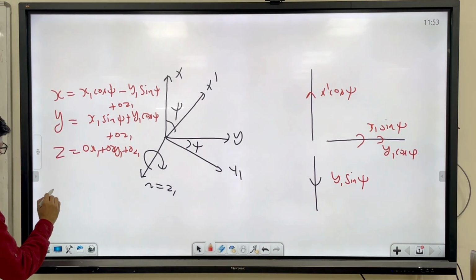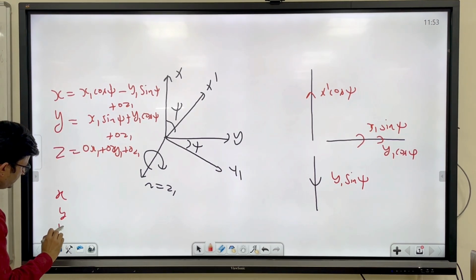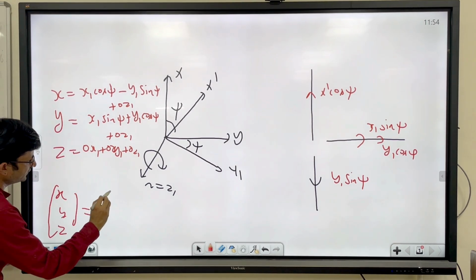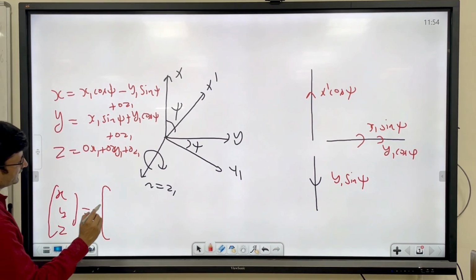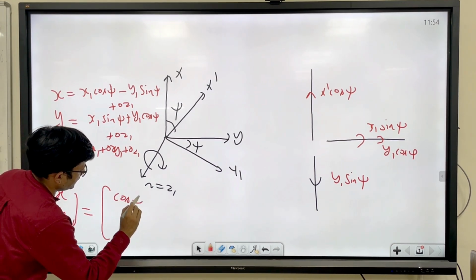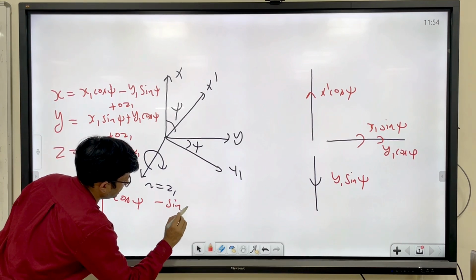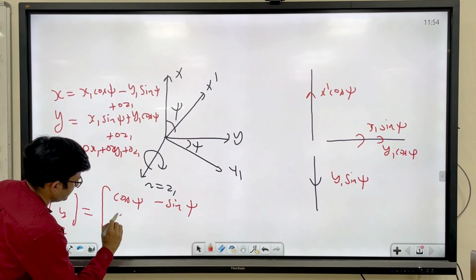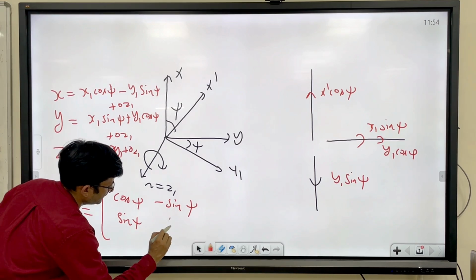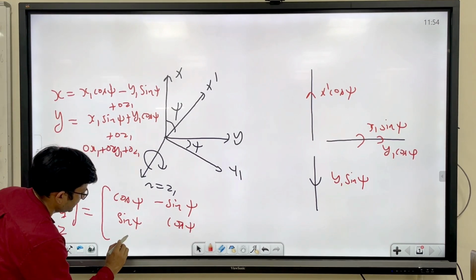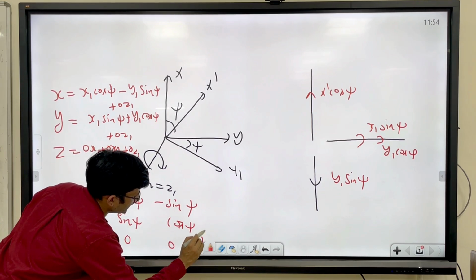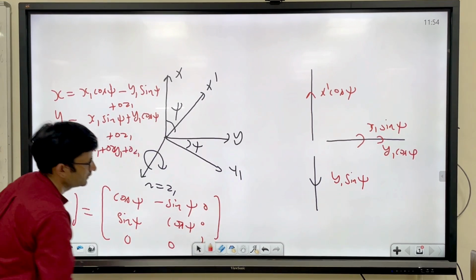So in matrix form, what can I write? x, y, z will be cos psi, minus sin psi, 0; sin psi, cos psi, 0; 0, 0, 1.